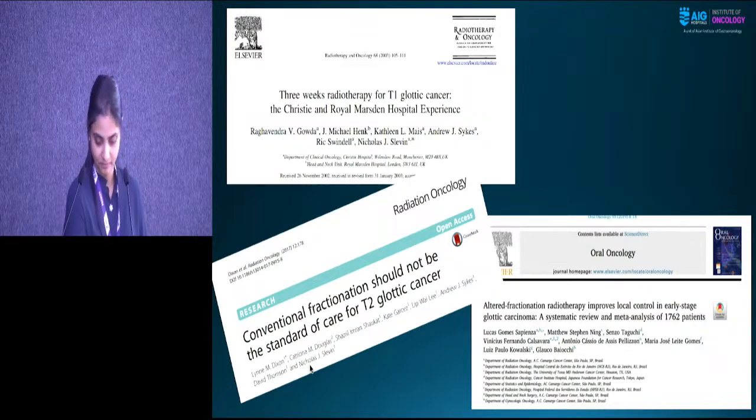Cobalt has a skin sparing of about 0.5 centimeter. When you do that, the anterior commissure would often get underdosed. But this was never detected because you did not have computerized planning. In the current day, even if you're not using IMRT, even if you're not using anything, you can easily see what the underdose in the anterior commissure is. You may have to add a bolus to bring the dose up. The concern for anterior commissure not doing well with radiation is a 20-year-old concern. In today's context, it doesn't hold any real meaning.